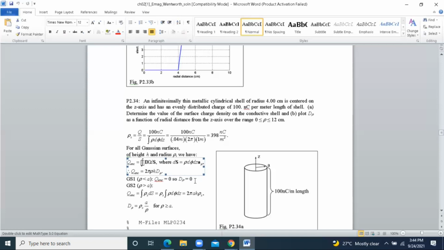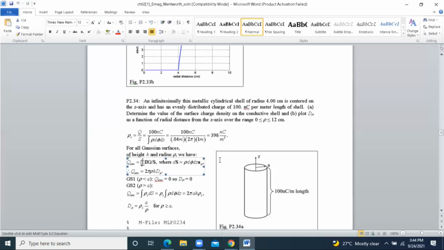I guess what this problem wants to bring out to you is that it's a shell, and the charge is on the shell.